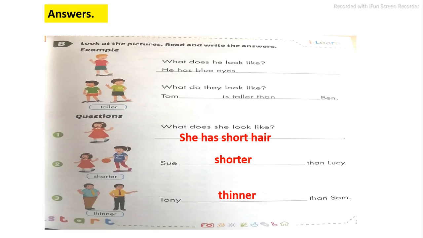And then the last part, section B. What does she look like? She has short hair. Number 2, Sue is shorter than Lucy. And number 3, Tony is thinner than Sam.